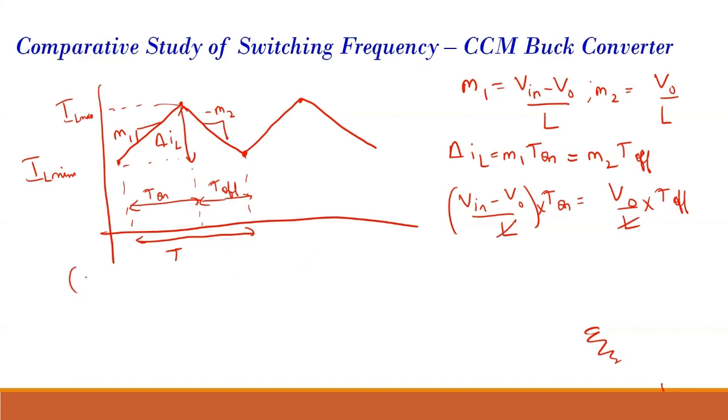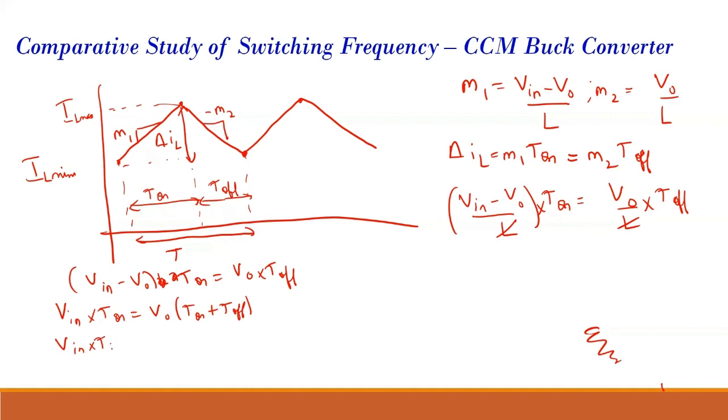So you effectively get (Vin minus Vout) into T on is equal to Vout into T off. Now I'll take Vout to the other side. So I will get Vin into T on is equal to Vout into (T on plus T off). So we have Vin into T on is equal to Vout into T, your entire time period.